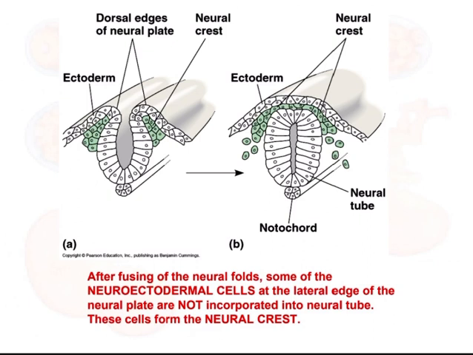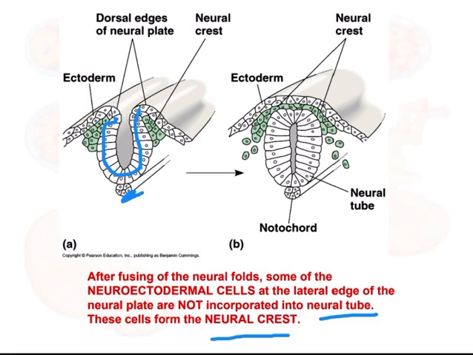Some of the neuroectoderm cells at the later stage, at the lateral edge of the neural plate, will not be incorporated in the neural tube, so they will form the neural crest. In brief, if you look at the picture here, it's easier because of the color: you have the ectoderm, and under it the neuroectoderm. Here the folding will occur.